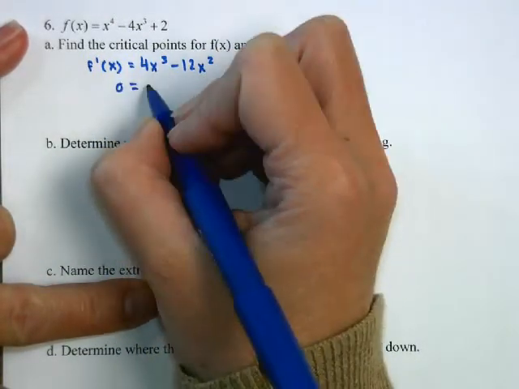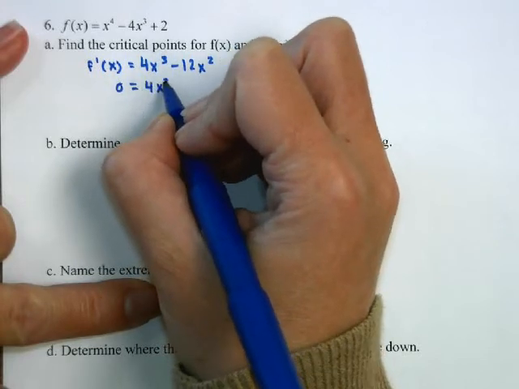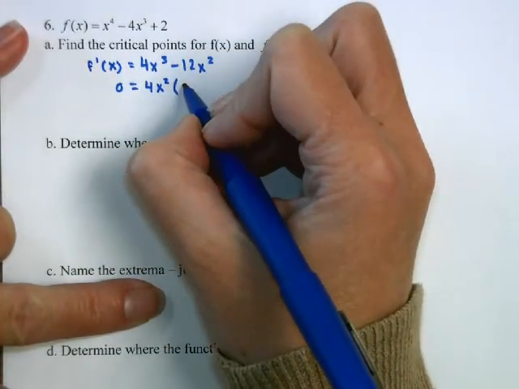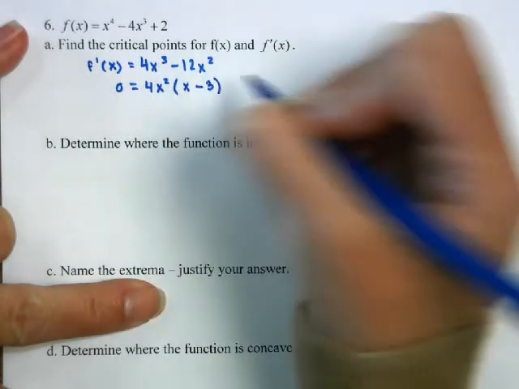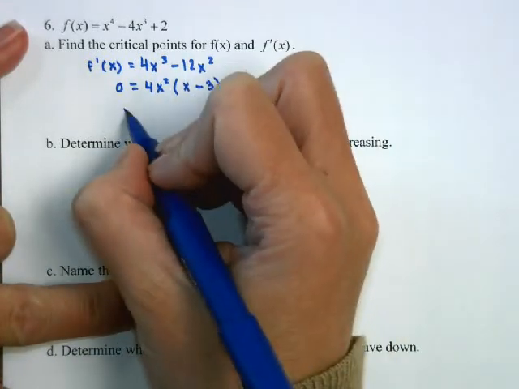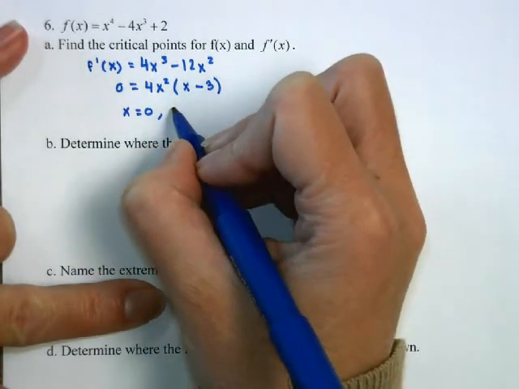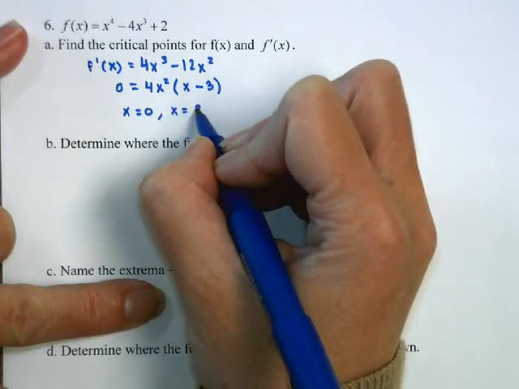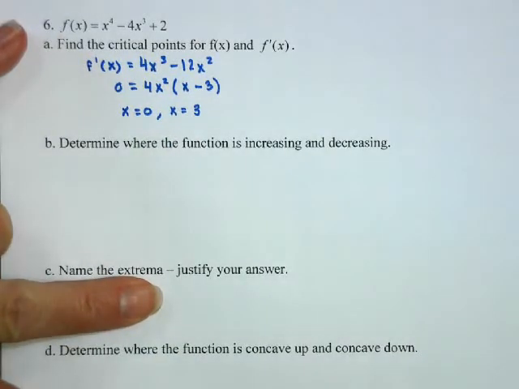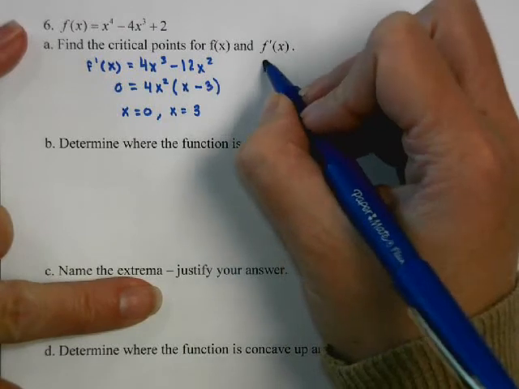Go ahead and factor out a 4x squared, which leaves me with an x minus 3. So my critical points here are 0 and 3.